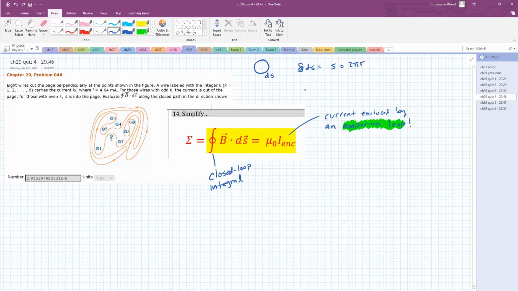It's not an indefinite integral. It's definitely a definite integral, but you're just starting and ending at the same point, which in a closed loop is the entire loop. This is the magnetic field.